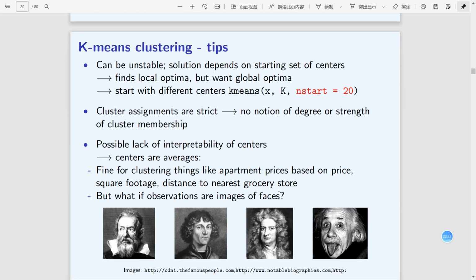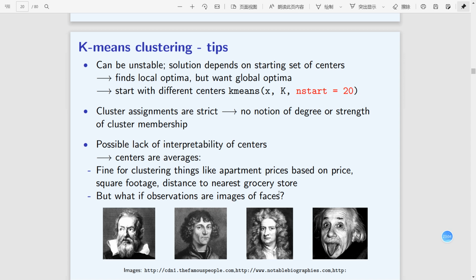Some tips for understanding K-means clustering. The solution depends on the starting centers. It sometimes finds a local optimum but not the global optimum. So that's why we need to start with different K-means centers. Cluster assignments are strict.